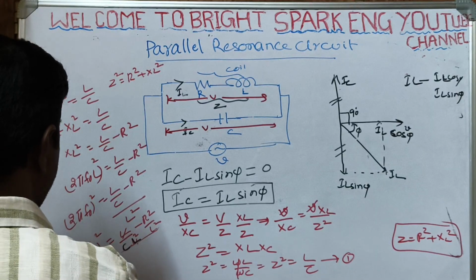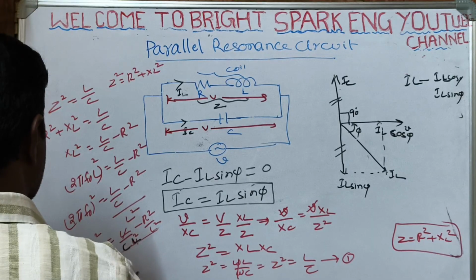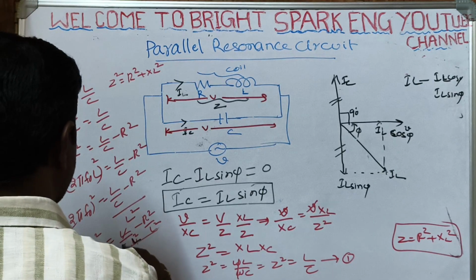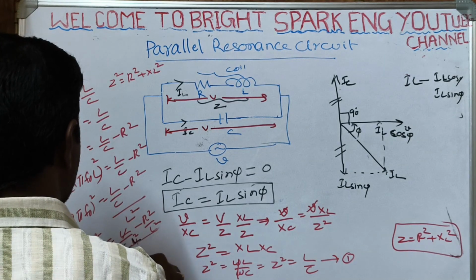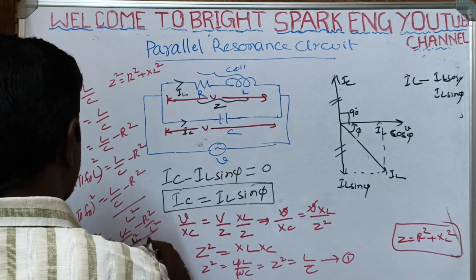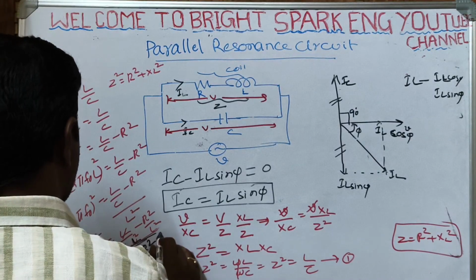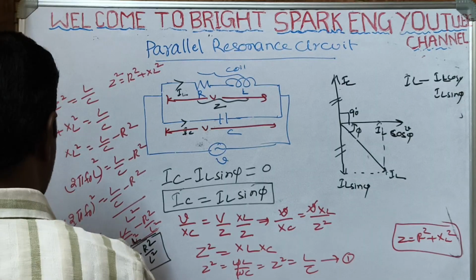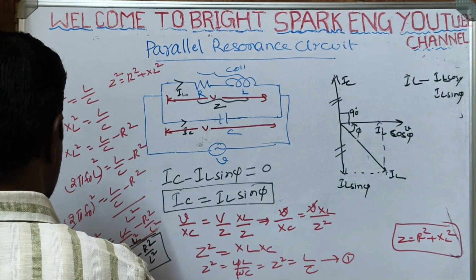So 2 pi F naught is equal to, this is the resonance frequency, Fr is equal to, L is cancelled, 1 by LC minus R square by L square under square root. This is the resonance condition formula. This is 2 pi F naught.